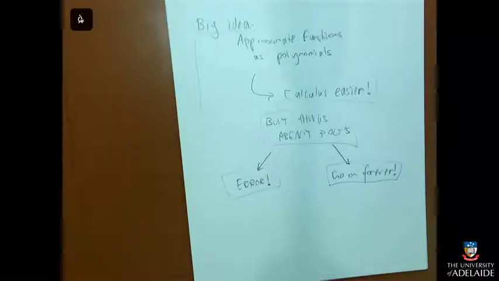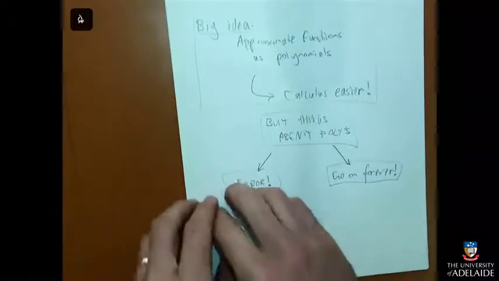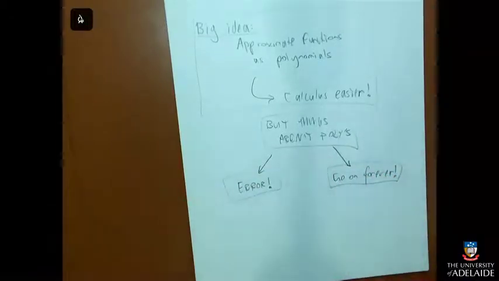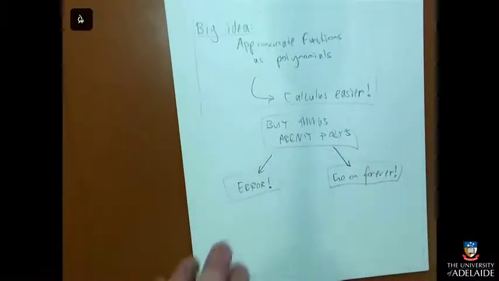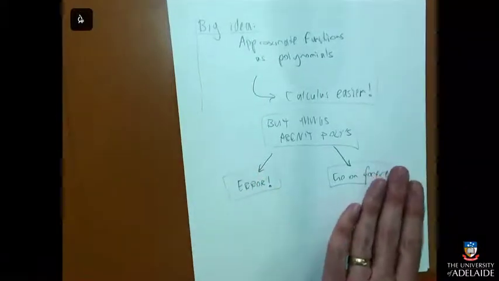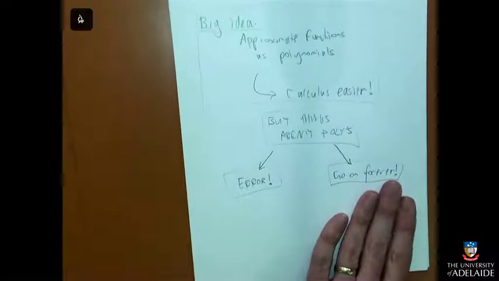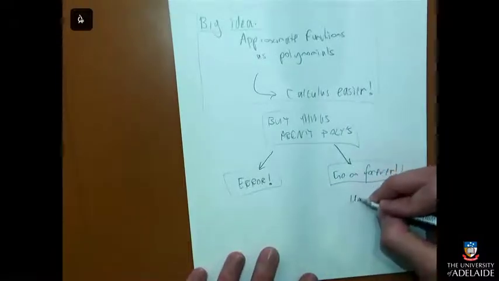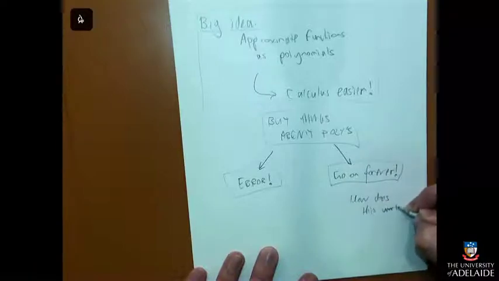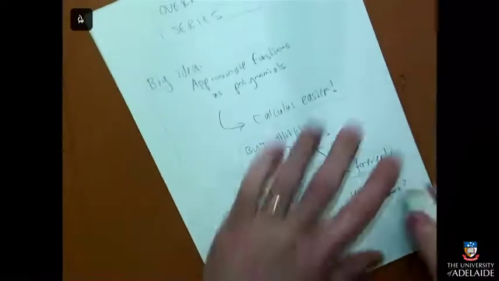And that is why this part of the course has both error formulas and infinite series. So I want to understand how error formulas work. I want to understand how infinite series work, how if I did go on forever, how would that work? How does this even work, right?